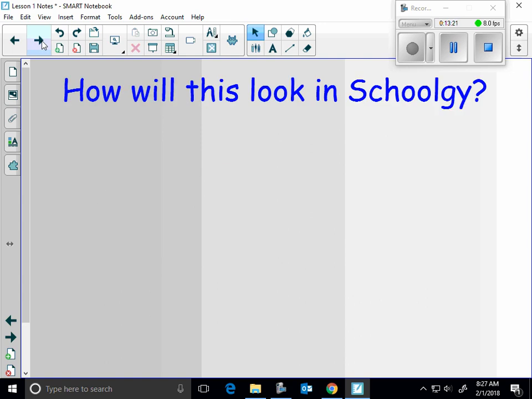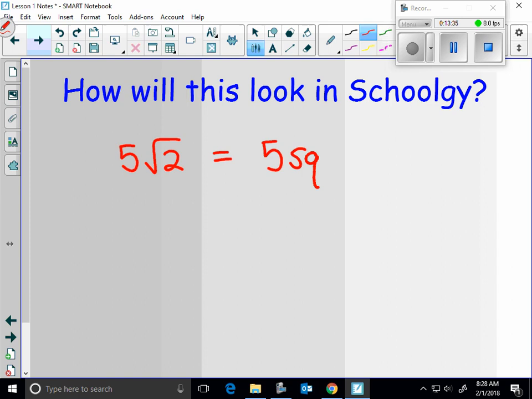How would this look in Schoology? Okay, this is important. If you get an answer like this, 5 square root of 2, you're going to write 5 because we can't do a radical in Schoology. You're going to write 5 square 2, or in West Virginia language, square root 2.